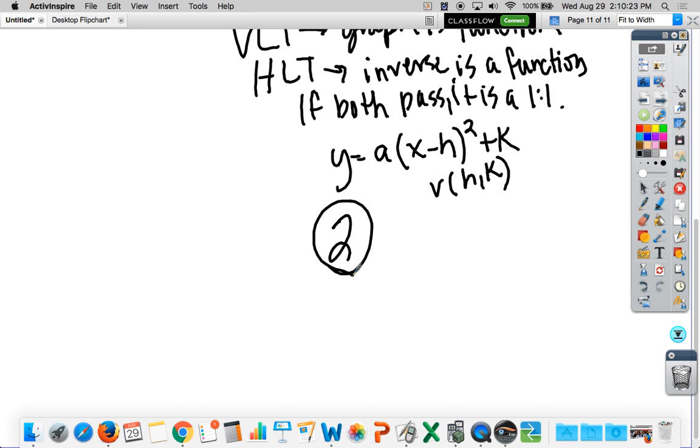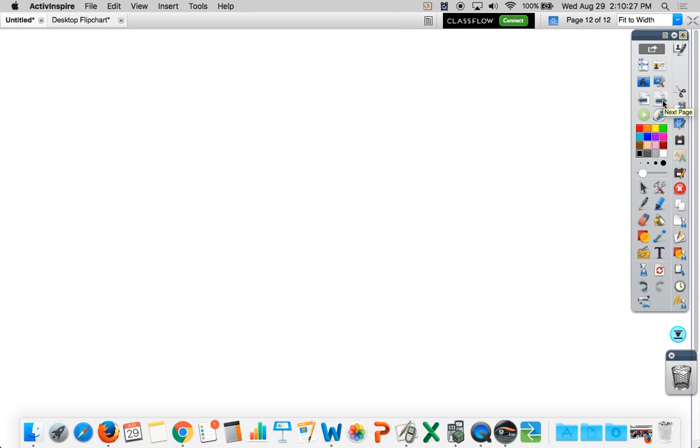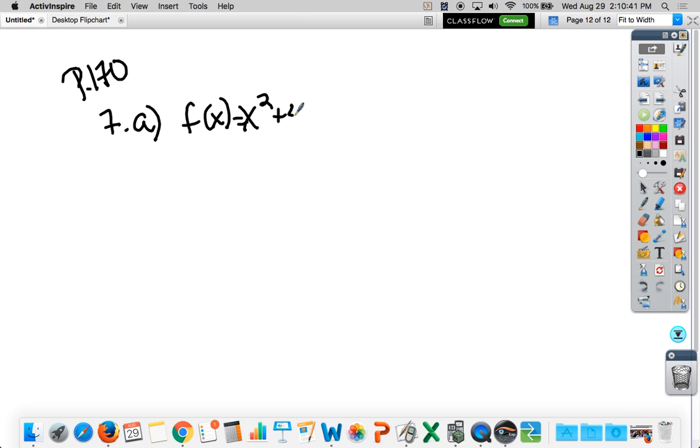Look on page 170. Let's look at 7A. They want us to find, the domain has this. No, that's a -4. Where x is greater than or equal to k.